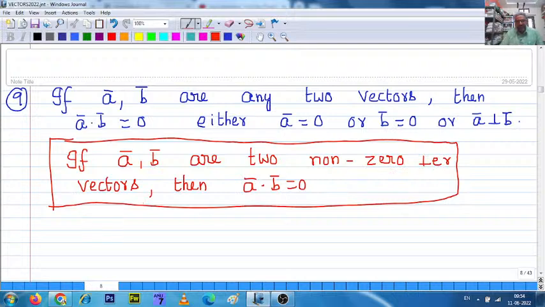Or we can say that if a dot b is equal to 0, then a bar, b bar are orthogonal vectors also.